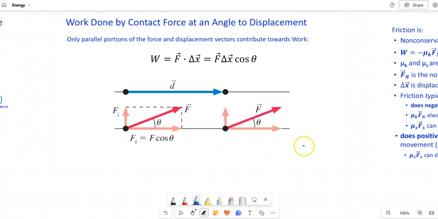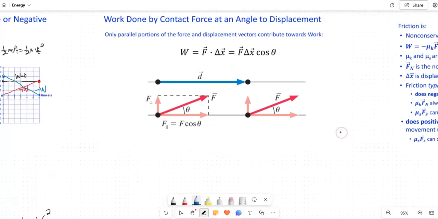Now there is, again, something interesting about that work function, and we talked about dot products. So if you are pulling an object up and to the right, this force component, F sine theta, is a waste of force.